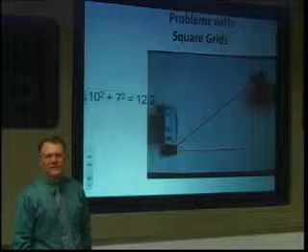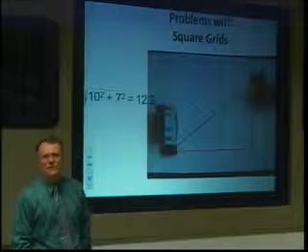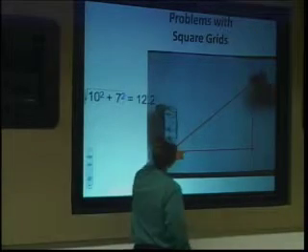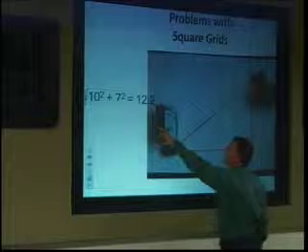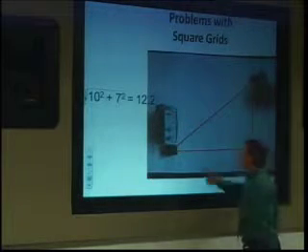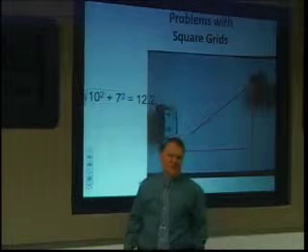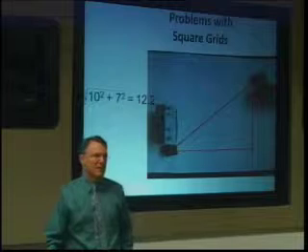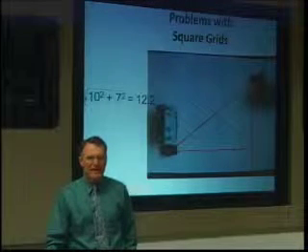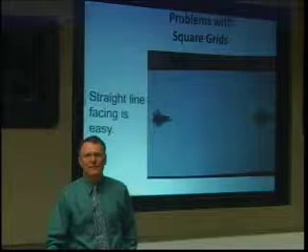In this case, it's 10 units this way, 7 units this way: 10 squared plus 7 squared, take the square root, you get 12.2 units between these two units. I hope you've seen the Pythagorean theorem before. If you're going to write computer games, you will probably use that, because everything in the computer is generally in square grids.